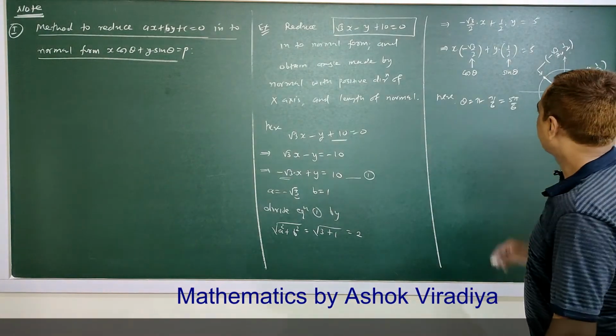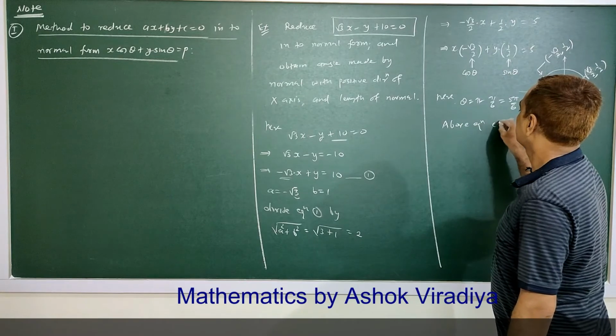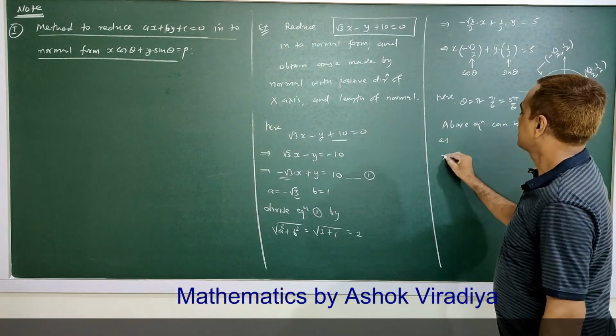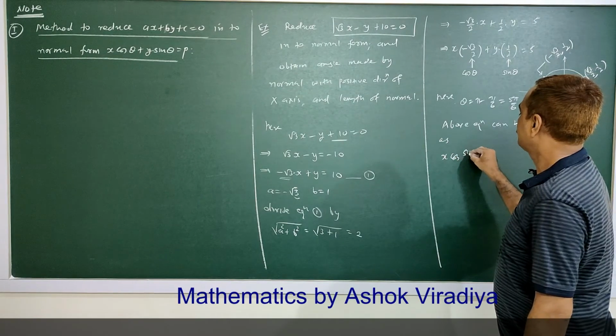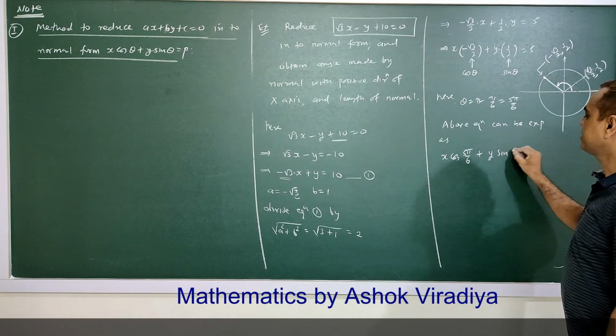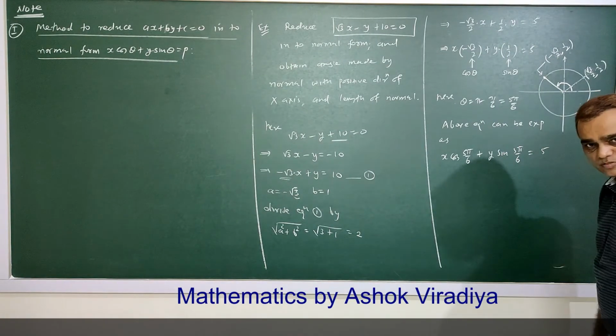So theta is 5 pi by 6. So the above equation can be expressed as x cos 5 pi by 6 plus y sin 5 pi by 6 equal to 5.